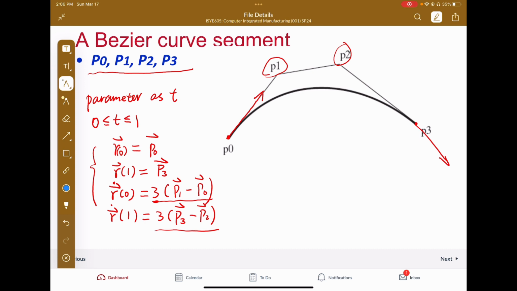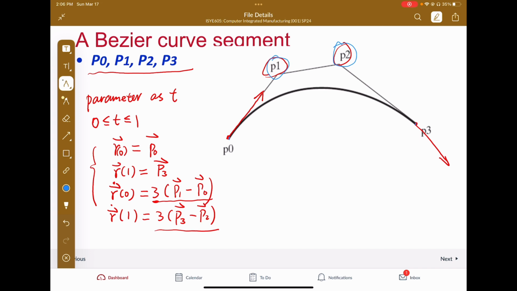And the second type of cubic curve is the Bezier curve segments. So right now we don't want to use tangents. We want to use all points to control. So we use the two endpoints and other control points to control the shape of the line.